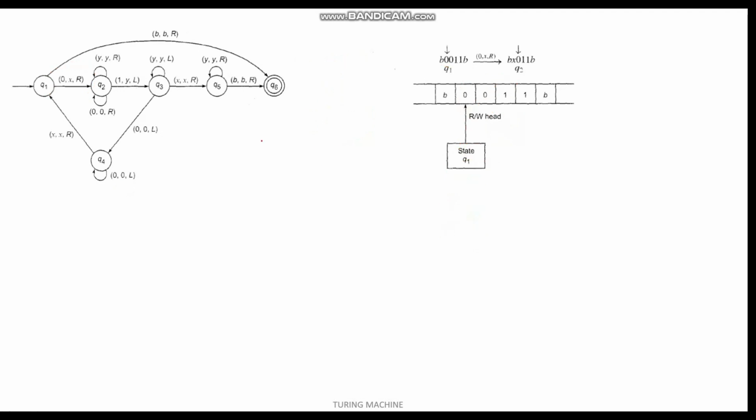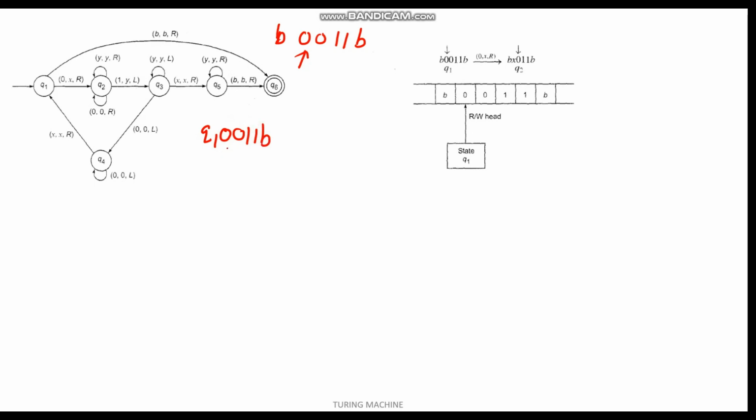Now let's solve this example completely. Firstly we consider the initial state, that is Q1. So if we are having the string B0011B, the first step is Q1 is pointing to this 0.